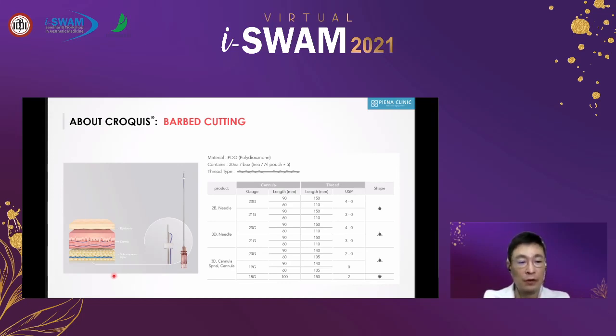As I mentioned before, the Croquis cog thread has a strong tissue anchoring power that enables secure tissue repositioning. It is connected to a sharp needle or cannula. You can choose depending on the purpose of your treatment. And it has a variety of thickness and length products.